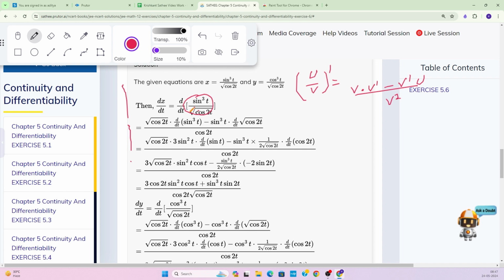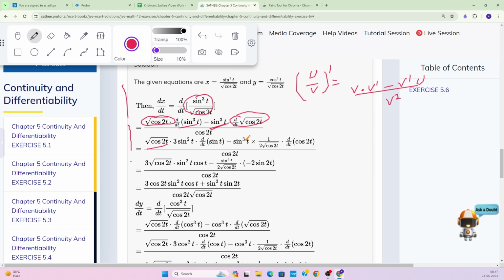So the square of this denominator will be cos 2 theta. Now the denominator remains untouched. Now the differentiation of the numerator, minus the numerator untouched, times the differentiation of the denominator. Sine cube t means 3 sine square t multiplied with the differentiation of sine t.